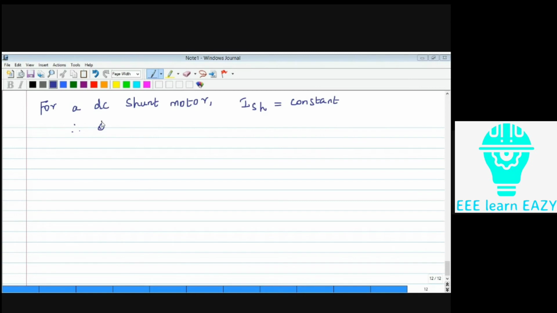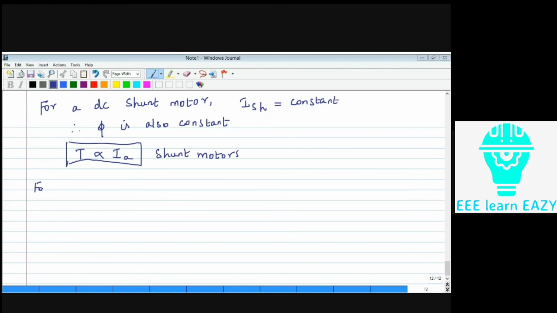That's why we call the DC shunt motor a constant flux motor. So according to our equation, if flux is constant, torque only varies depending upon Ia. So this we have to remember for shunt motors: torque is proportional to only the armature current.